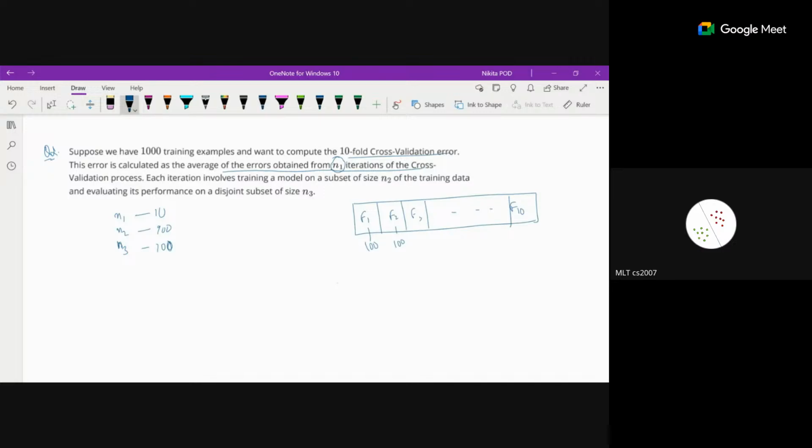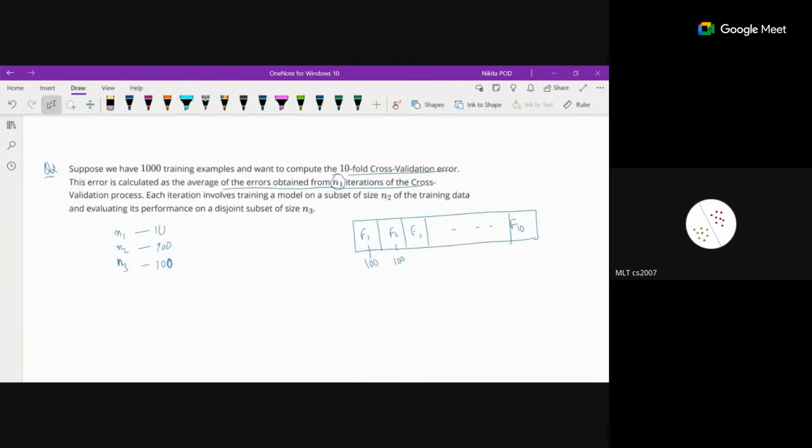There were 1000 training examples, so 900 you will use for training and 100 you will use for validation. Very simple question.